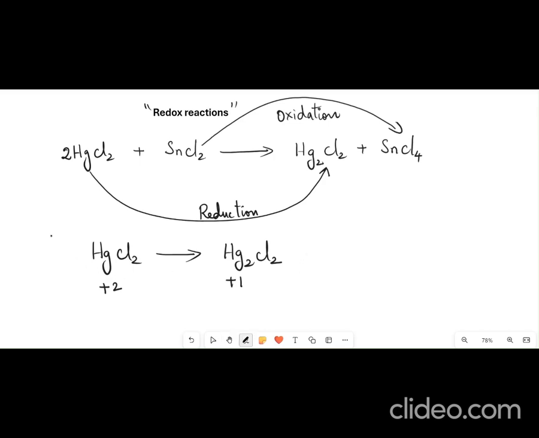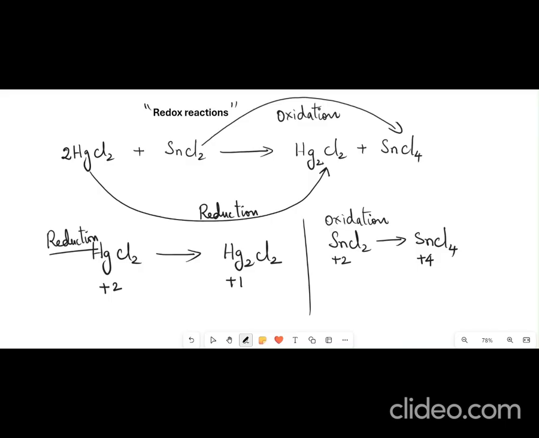That means reduction has occurred, from higher oxidation state to lower oxidation state. And SnCl2 is converted to SnCl4. Here Sn is in plus 2 oxidation state and is increased to plus 4, so oxidation has taken place.